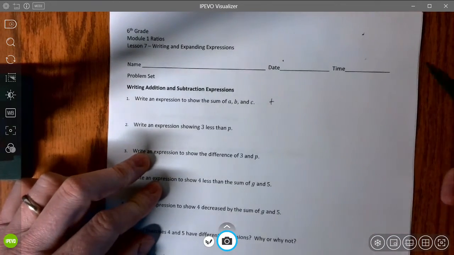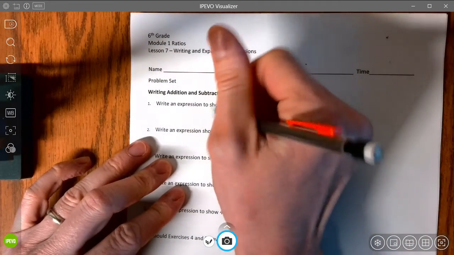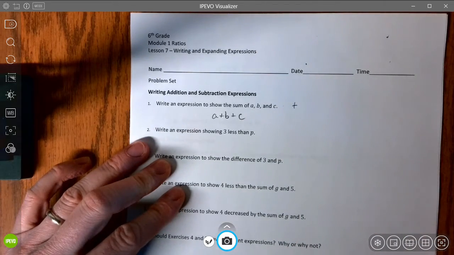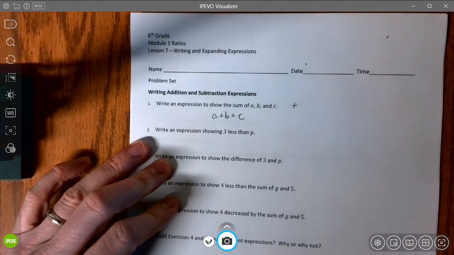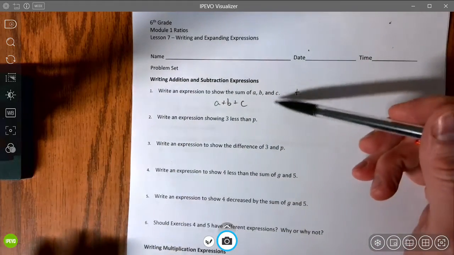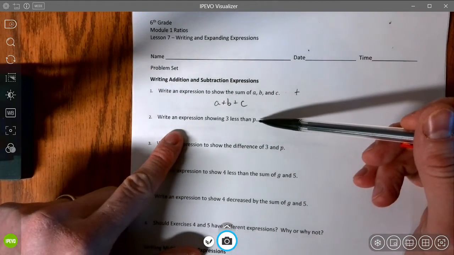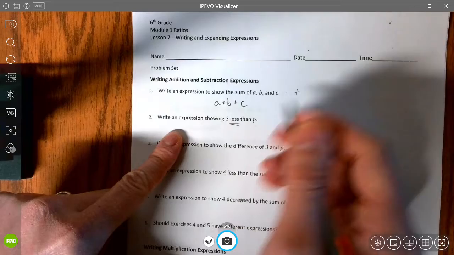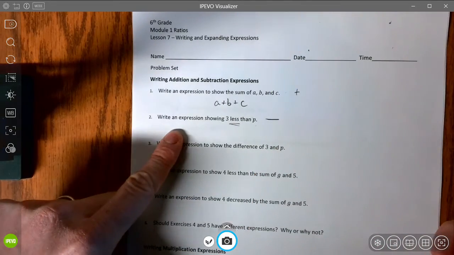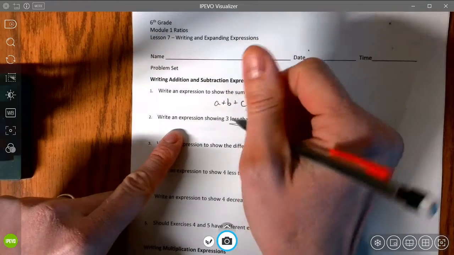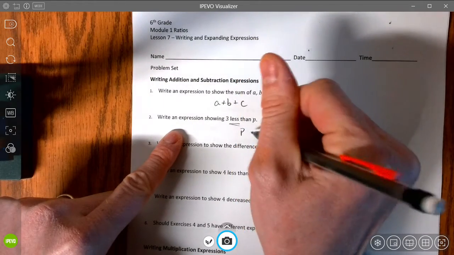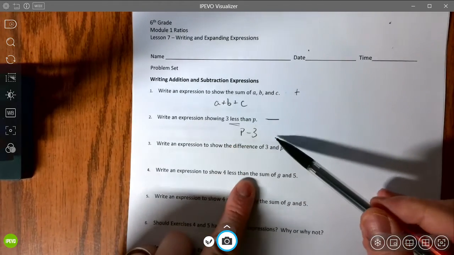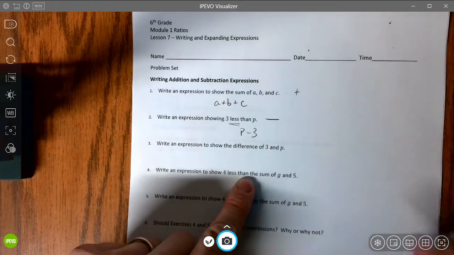So if I want to show the sum of A, B, and C, A plus B plus C. Let's see, write an expression showing 3 less than P. Less than, that should jump out to you as subtraction. So 3 less than P would be P minus 3.